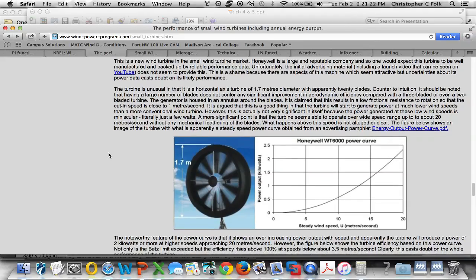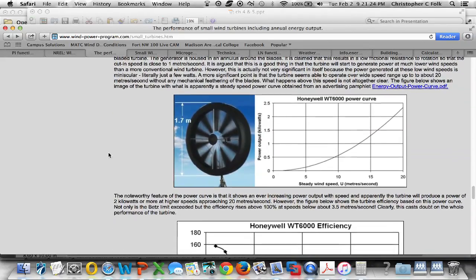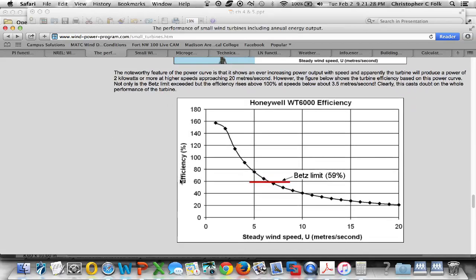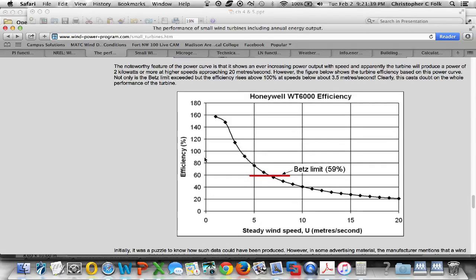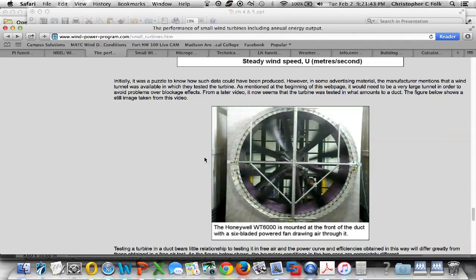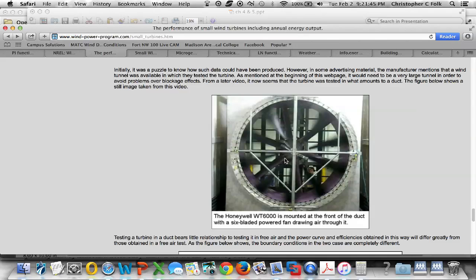This is the same Honeywell that's in heating, ventilating, and air conditioning. But notice this power curve. Here's a power curve that shows that it's performing above the Betz limit and it's more than 100% efficient. My goodness, how do they do that? That's an incredible thing. So they did some testing and realized, look at this. You're going to enjoy reading this, okay?